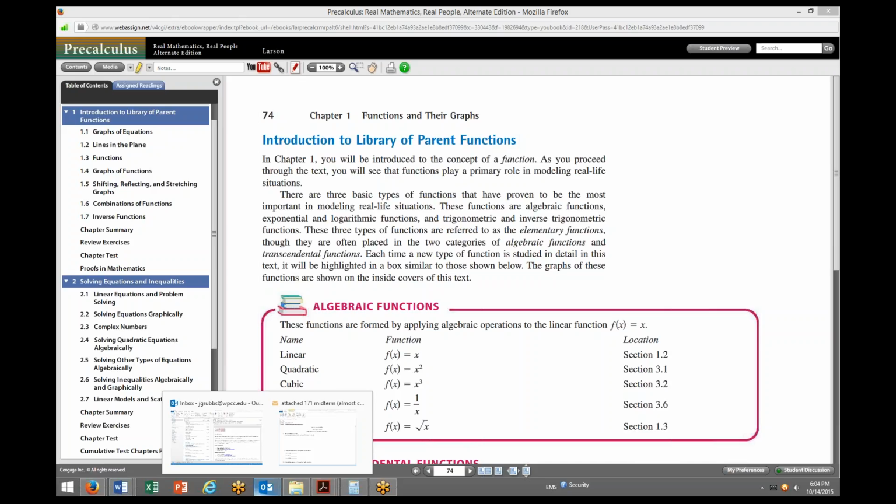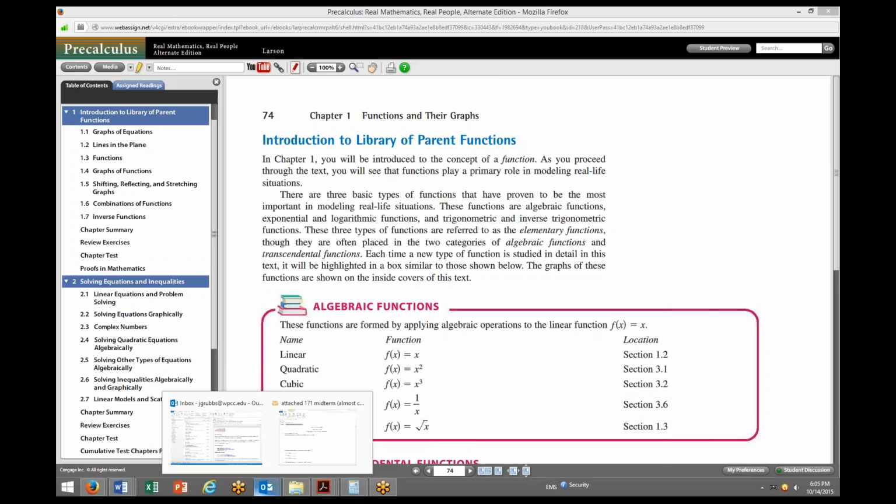Test out g of f of x, and if g of f of x also equals x, then you can make that statement and end the problem saying yes, because f of g of x equals x and g of f of x equals x, then yes, it's true that these two functions, f of x and g of x, are inverse functions of each other.